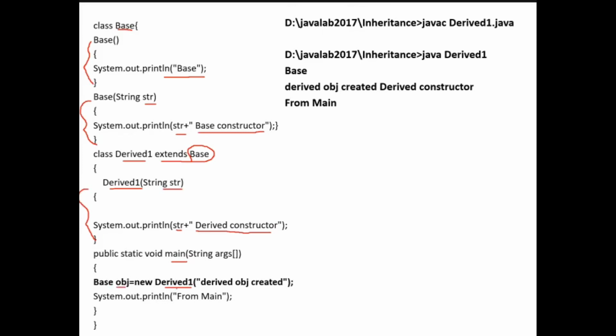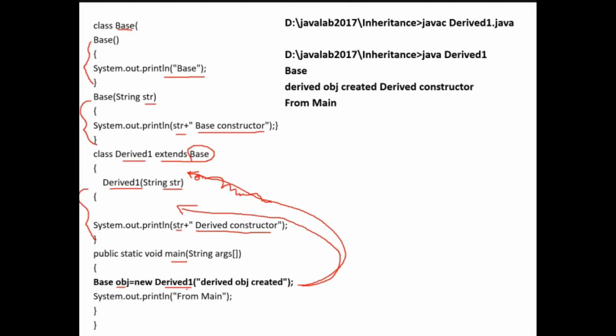Now, which class constructor is executed? Control will come to the derived constructor. From here, which constructor will it call? In the base class I have two constructors.